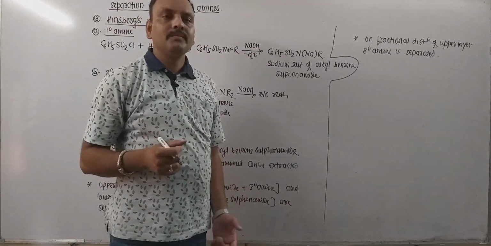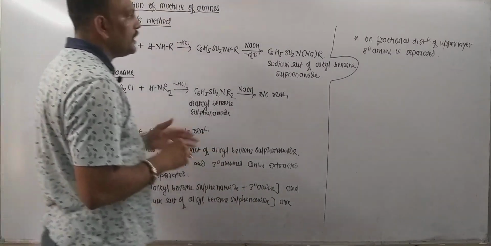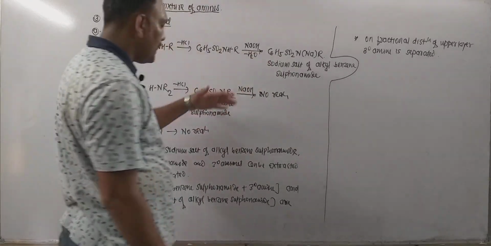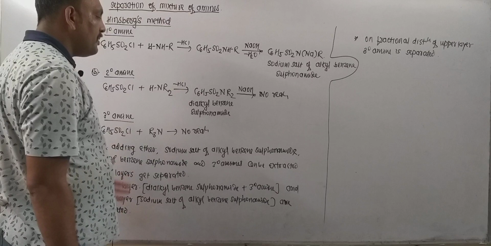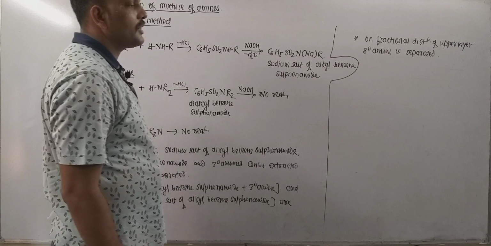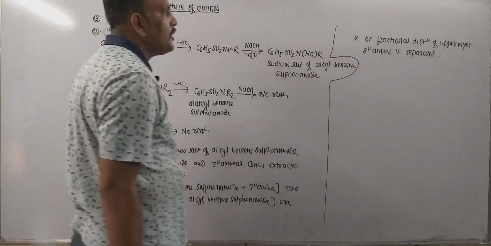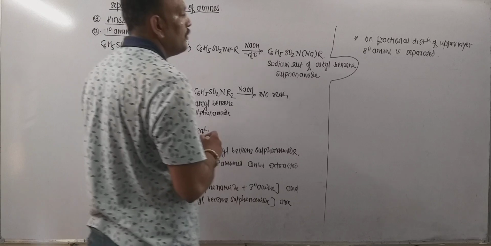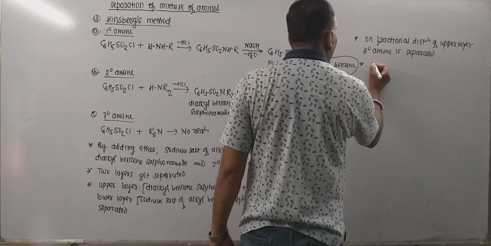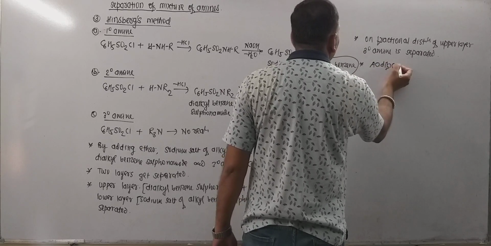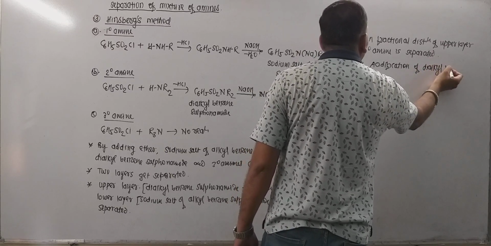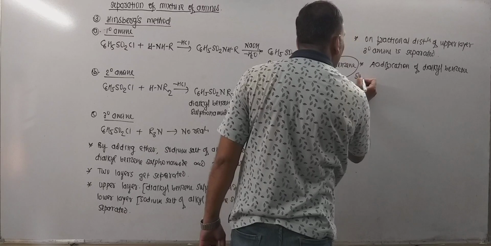Now what remains? We have sodium salt of alkyl benzene sulfonamide as the lower layer, and dialkyl benzene sulfonamide from the reaction of secondary amine with Hinsberg's reagent. In order to separate these, we need to acidify. The next step is acidification of dialkyl benzene sulfonamide.